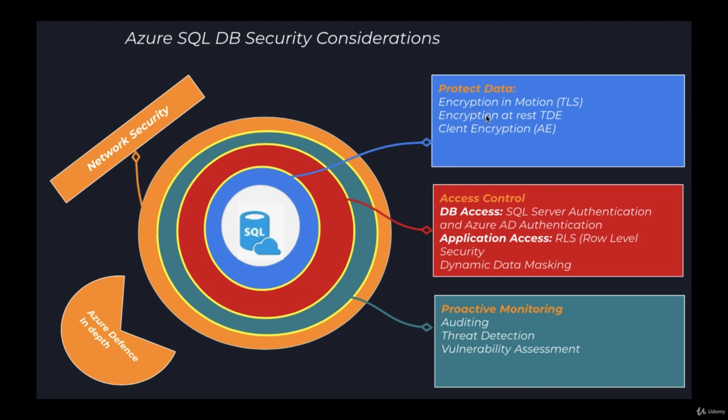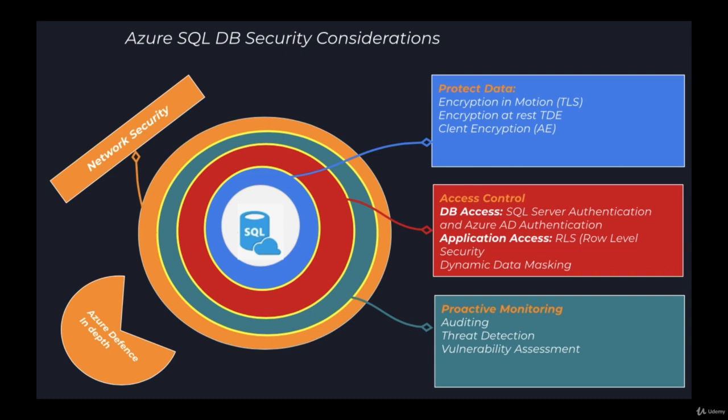Then, in order to protect the data, we have features like TLS, encryption at rest, and client encryption, which help to protect sensitive data like medical data, customer credit card numbers or national insurance numbers. Microsoft has these features to protect the customer data lying within the SQL database.